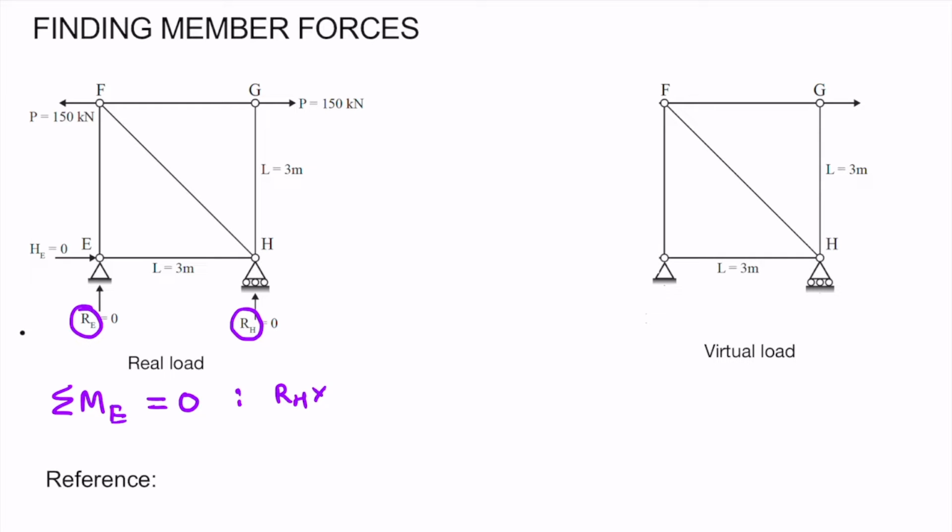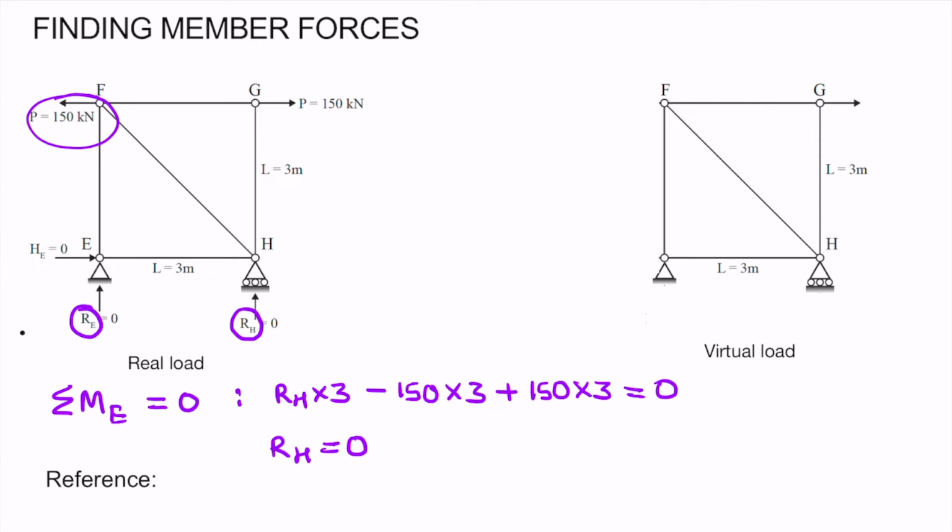RH multiplied by 3 minus 150 multiplied by 3 plus moment due to this force, now 150 multiplied by 3, so equal to 0. So what is the value of RH? The value of RH is 0. Similarly, the value of RE will be 0.